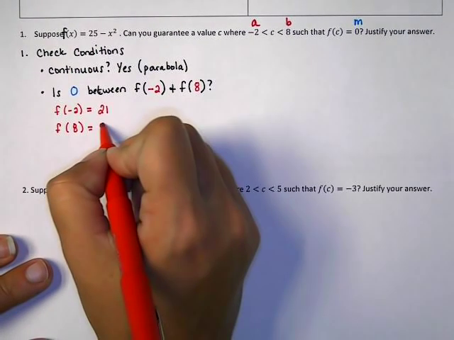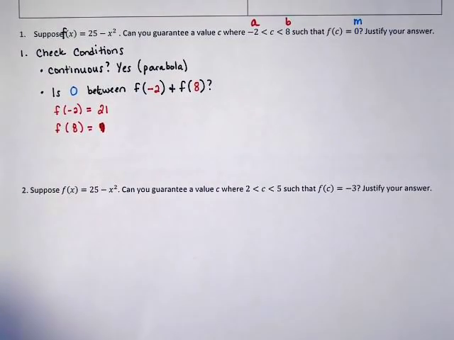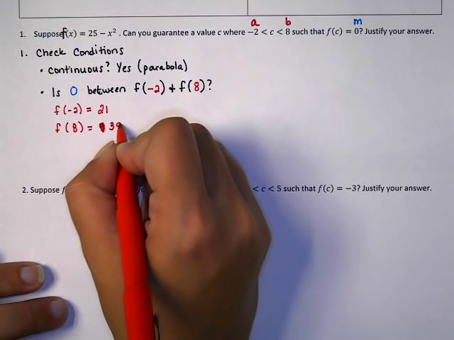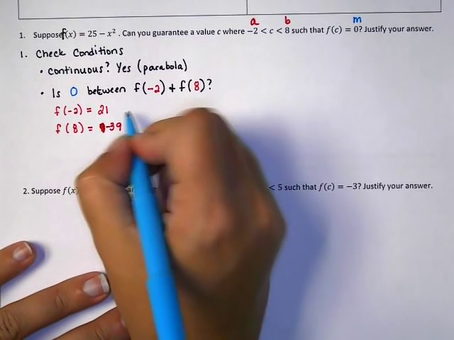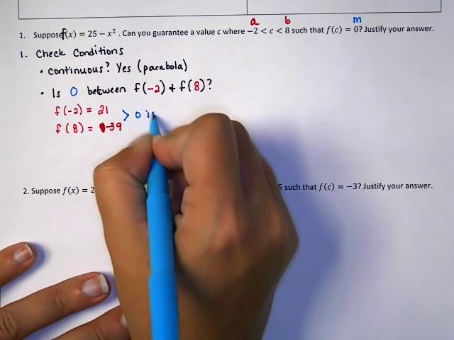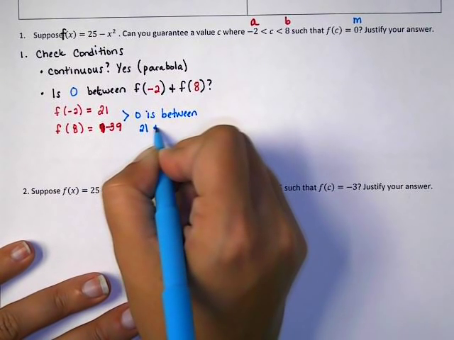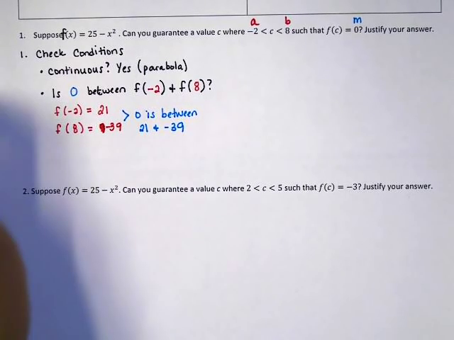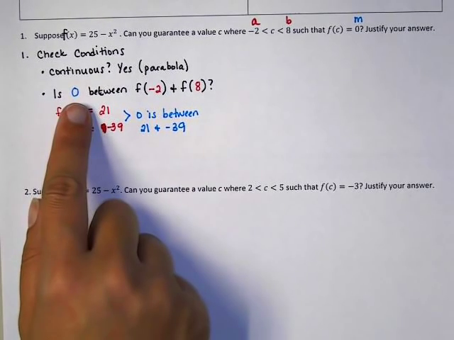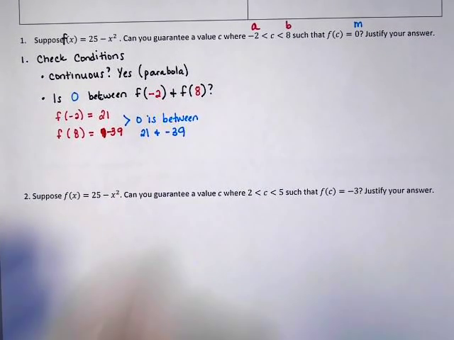What am I doing? 25 minus 64, which would be -39. Since 0 is between 21 and -39, we have met both of our conditions. We are continuous, and the value we're trying to guarantee is between the output values at the endpoints.